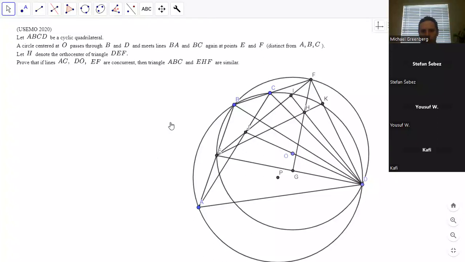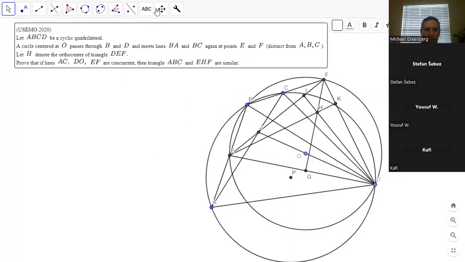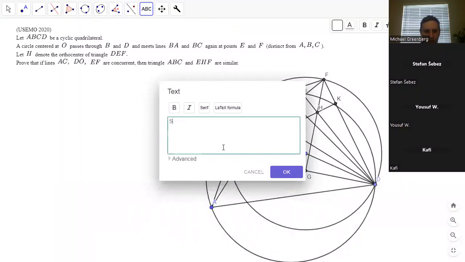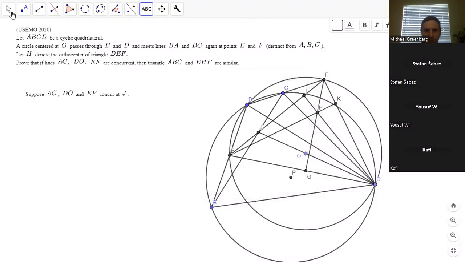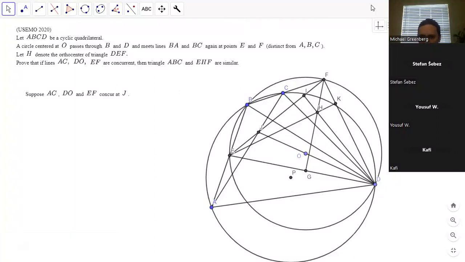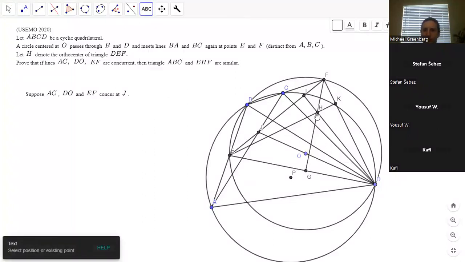Okay, so I'm going to type it up. Suppose AC, DO, and EF concur at J. Then by the isogonal line lemma, okay, so first of all, I'm going to show that EHF is ABC.